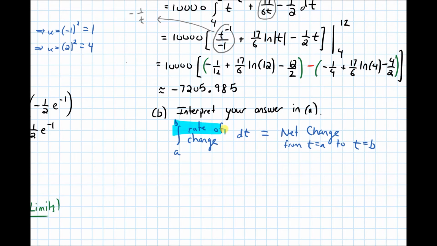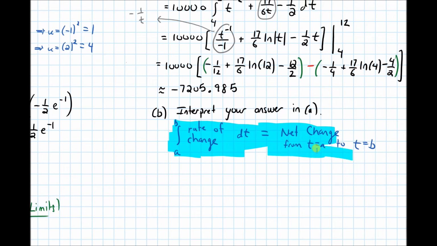Okay, so let's highlight this. This is a key result about integrals of rates of change and what they represent. So with that said, the answer that we got in part A represents a net change.